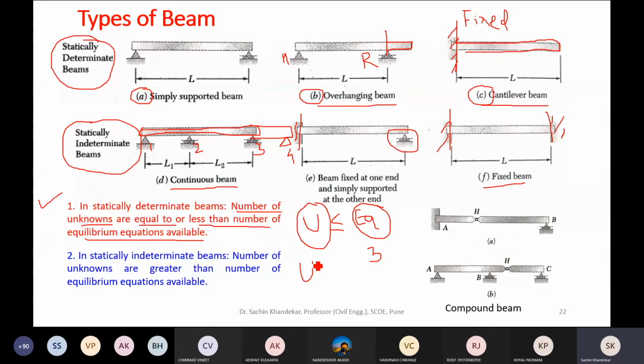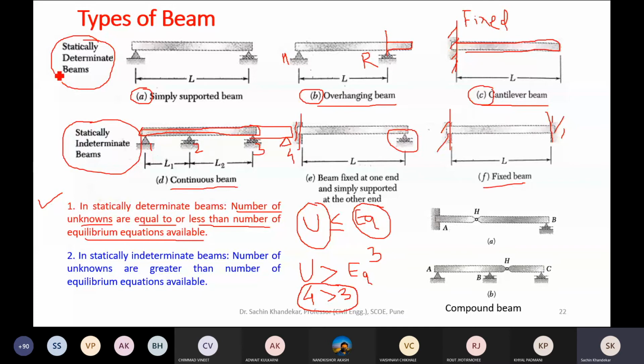That means u is greater than the number of equations available. For example, the number of unknowns is 4, which is greater than the number of equations available, 3. So here we cannot solve such problems only by using the conditions of equilibrium. We need to develop some additional equations.